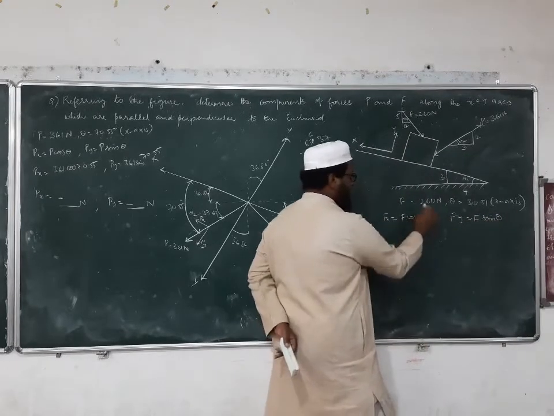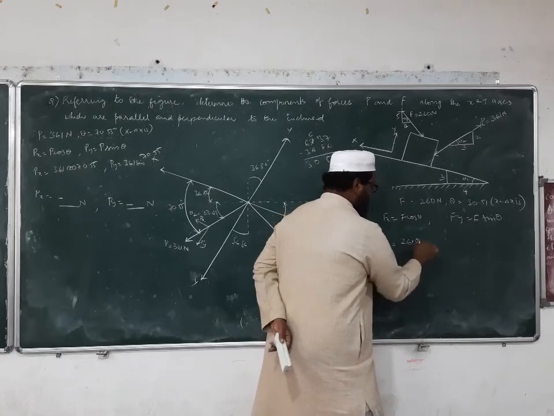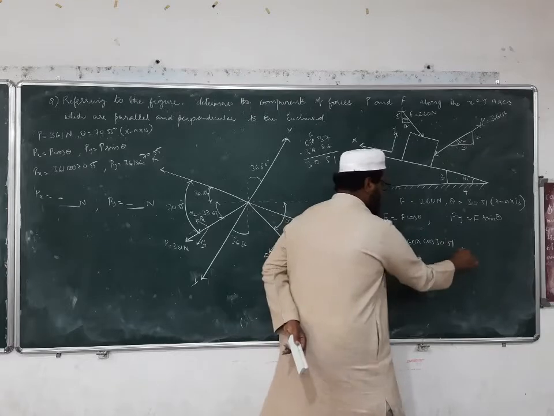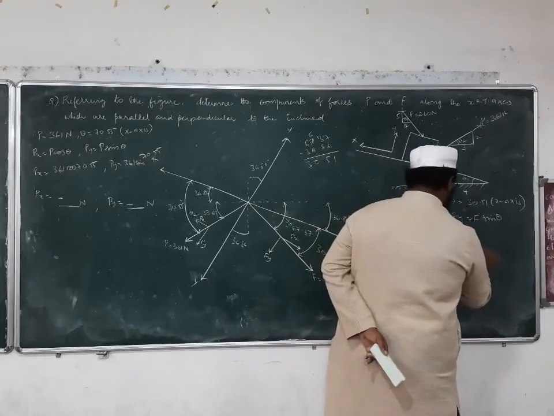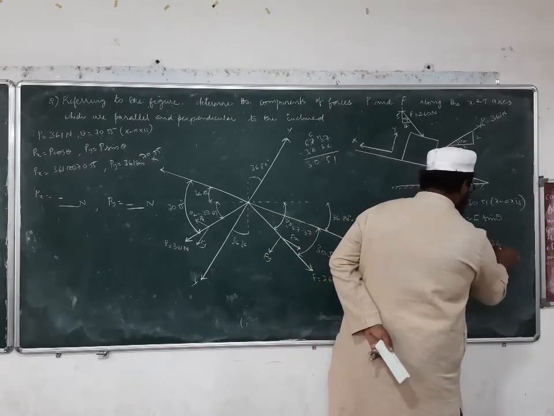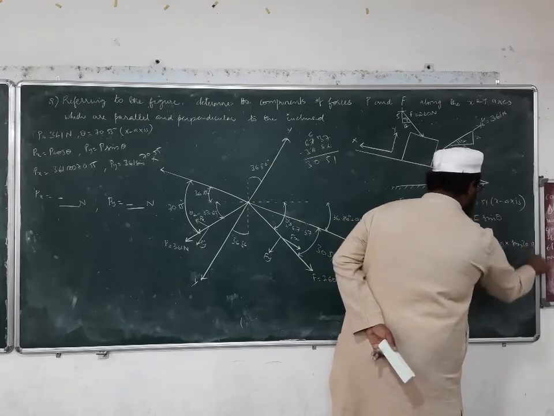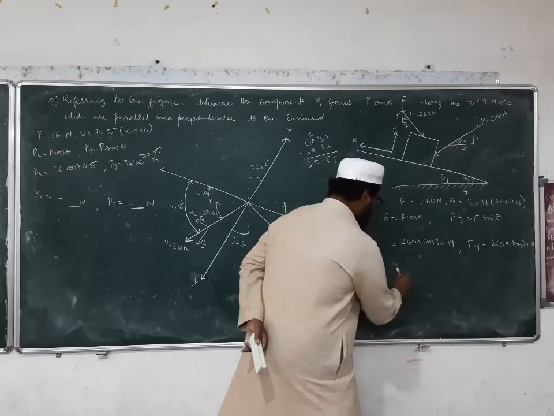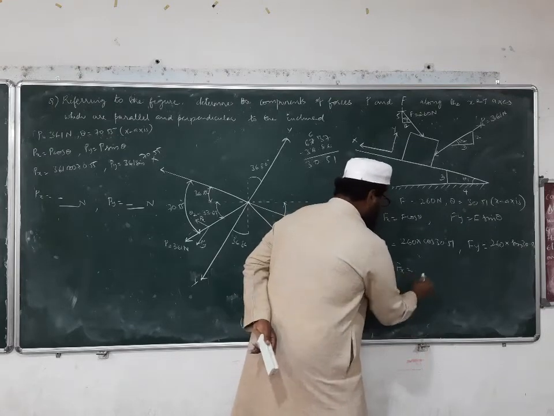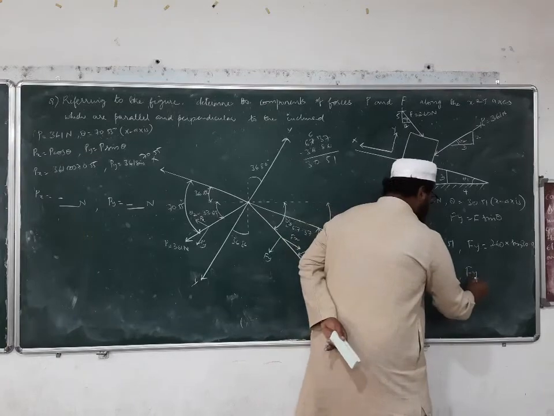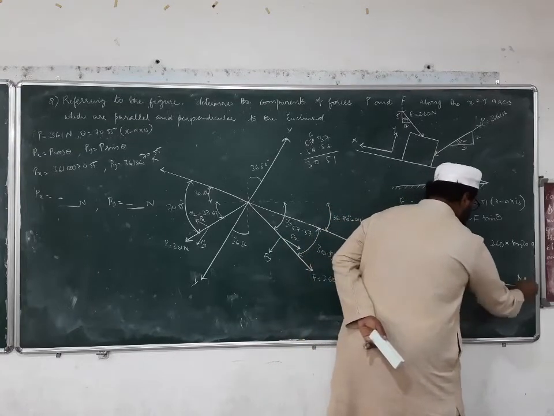So F is 260 into cos 30.51, and Fy is equal to 260 into sin 30.51. Since the force is acting in the fourth quadrant, Fx is equal to a positive value in newtons, and Fy is equal to a negative value in newtons.